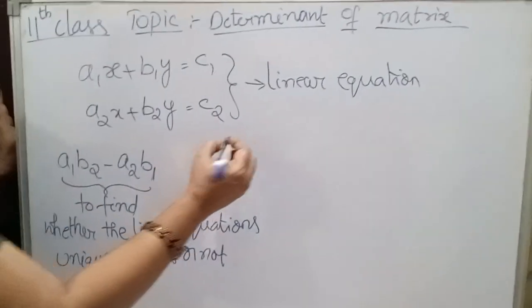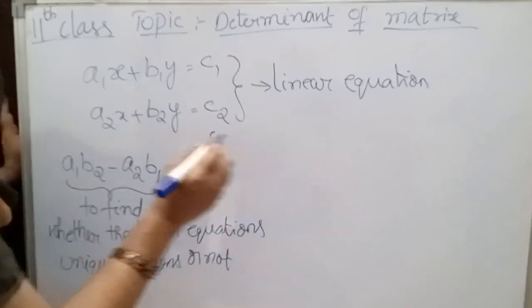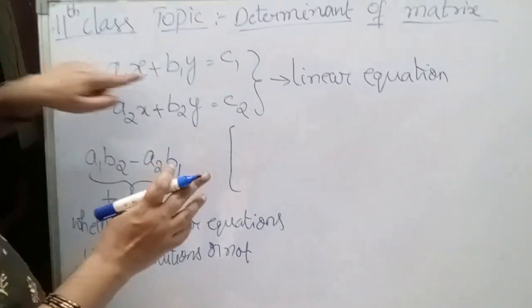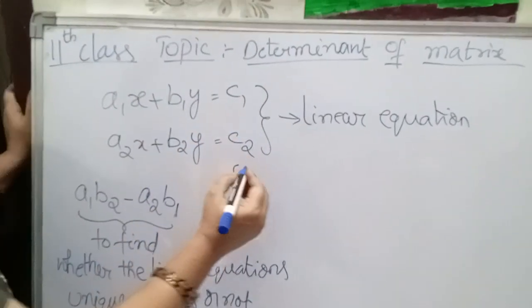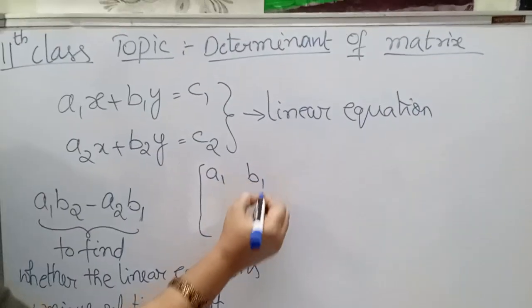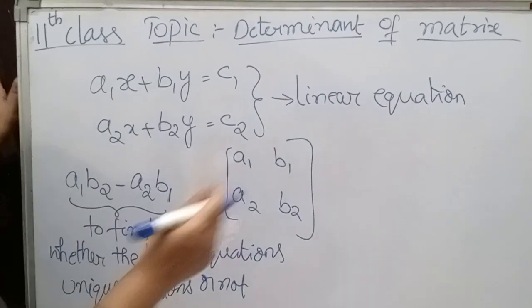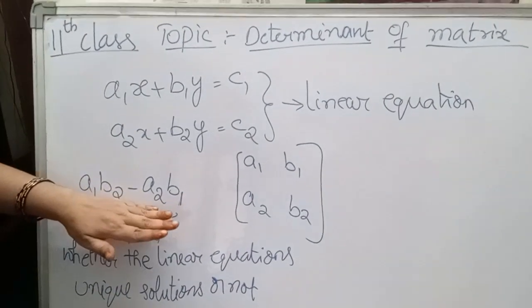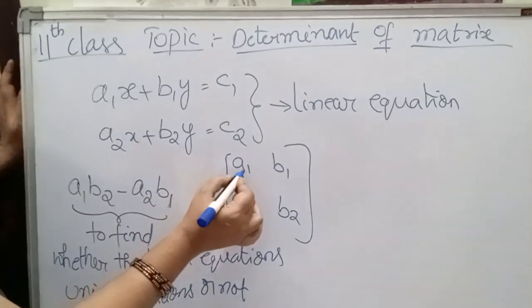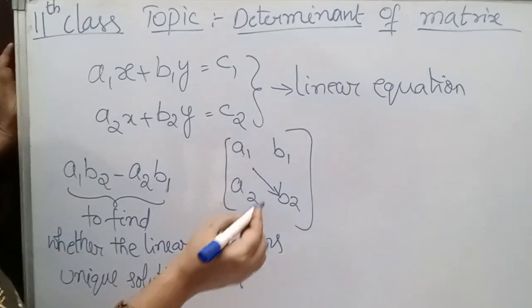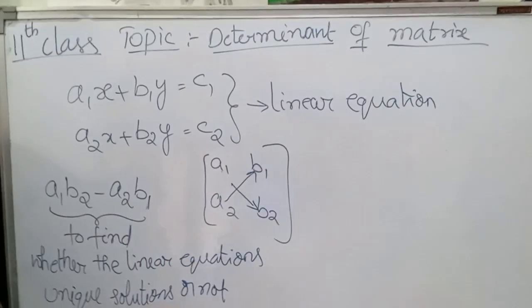Before that, we write this in matrix form, taking all the coefficients in a matrix: a1, b1, a2, b2. If you observe this formula, we have a1 into b2 minus a2 into b1.